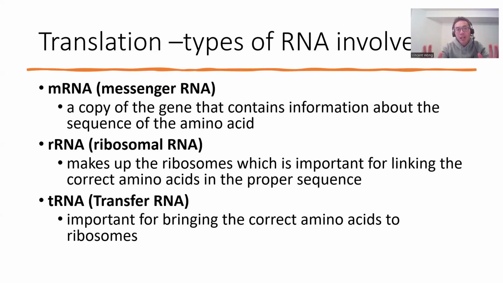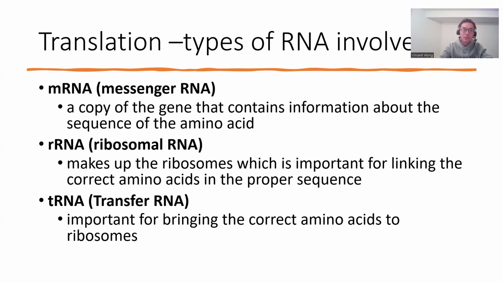We also stabilize the mRNA by adding a 5' guanine cap, as well as a poly A tail, a bunch of adenines on the 3' end. And all these features help stabilize the mRNA in the cytoplasm so that it's not going to break down as easily. Right? So you can think of the mRNA as the recipe to make the protein.